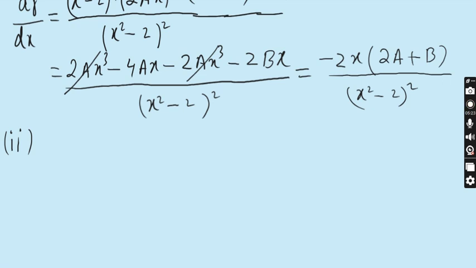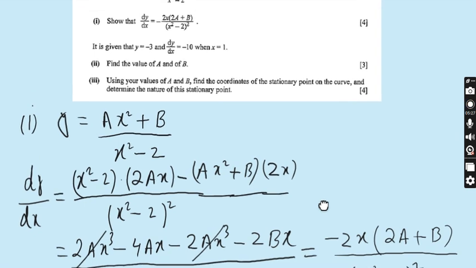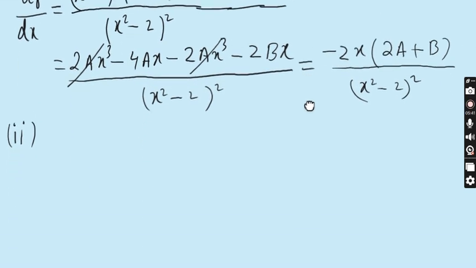What is part 2? It is given that y is negative 3 and dy/dx is negative 10 when x is equal to 1. Find the values of a and b. Very easy.